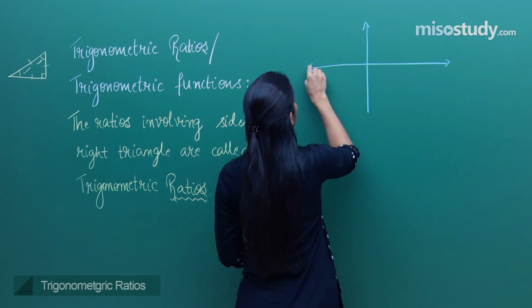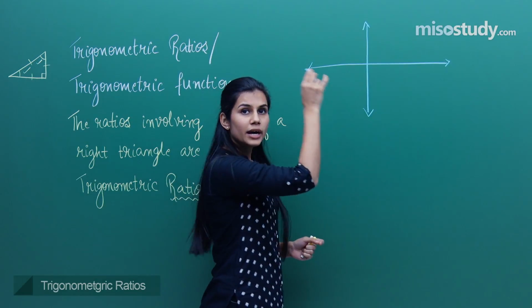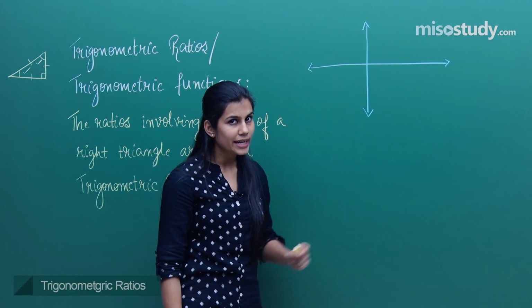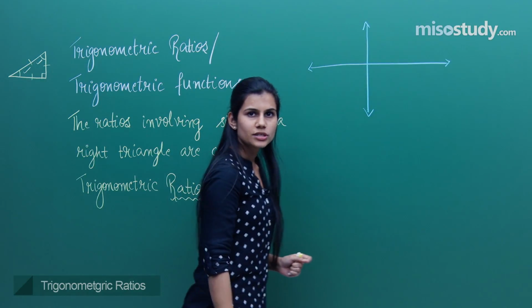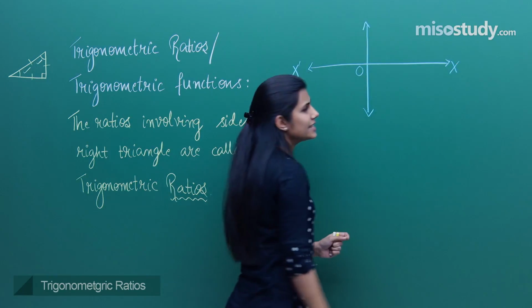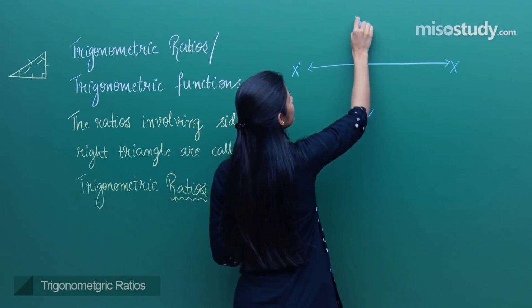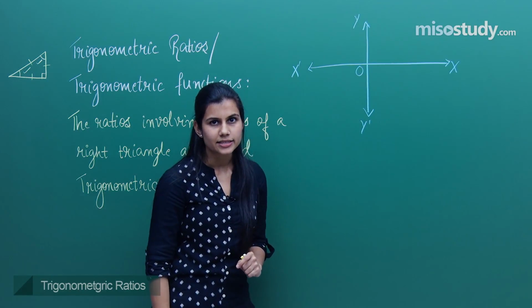Here is the coordinate plane before you, made up of two lines which meet at right angles with each other. This is your x-axis, which is the horizontal line X'OX, and this vertical line Y'OY is your y-axis.